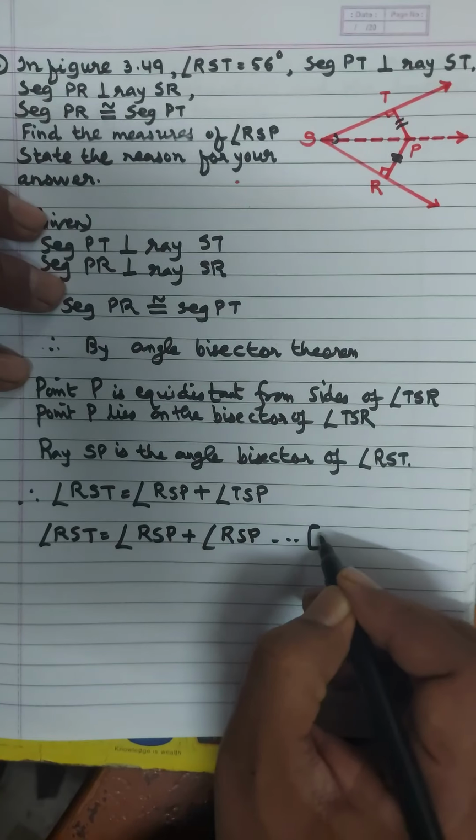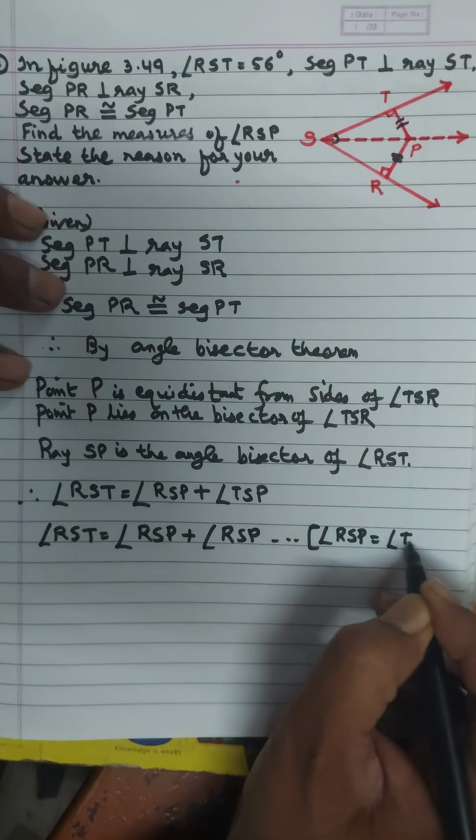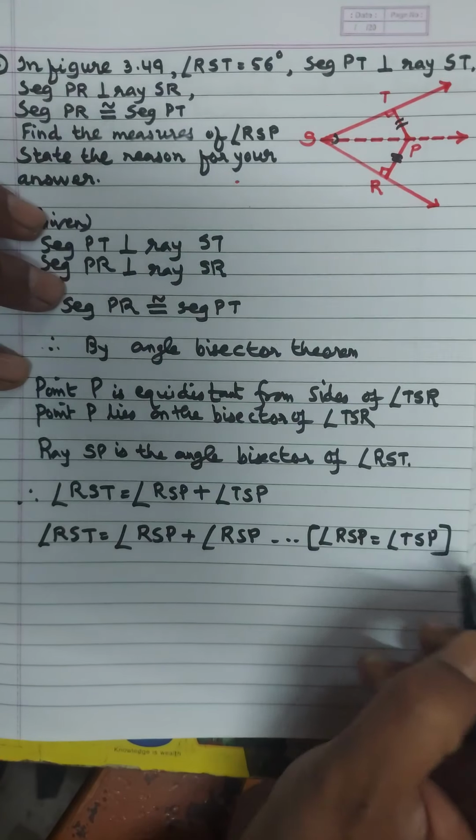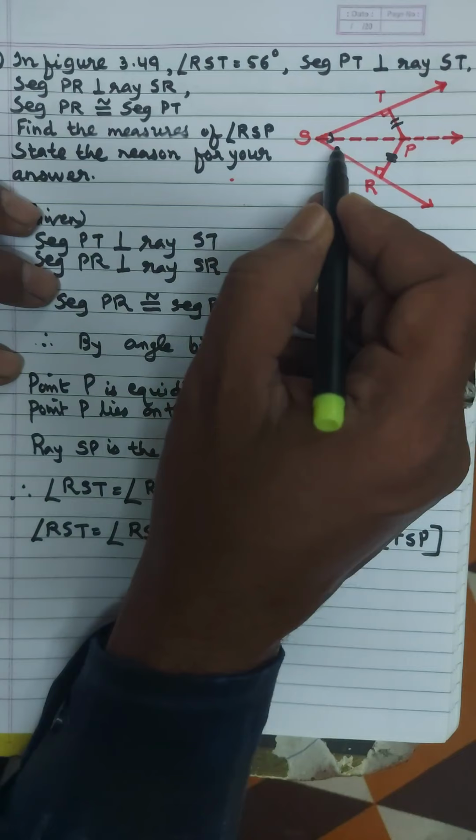Why? Because angle RSP is equal to angle TSP because of the angle bisector property. Both angles are equal.